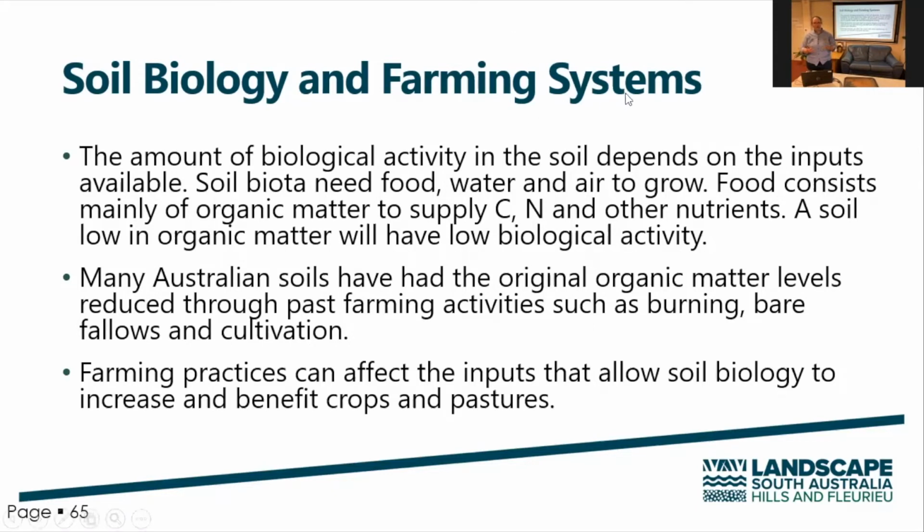A lot of Australian soils around the country have had organic matter levels reduced through past farming activities like burning and bare fallows. As those practices have basically disappeared from the landscape on the whole, the soil organic matter levels are rising again. It's been tracked over time that as things like no-till and stubble retention have come in, soil organic matter levels have started to go up again, which is great.